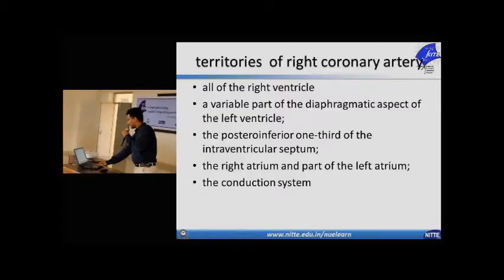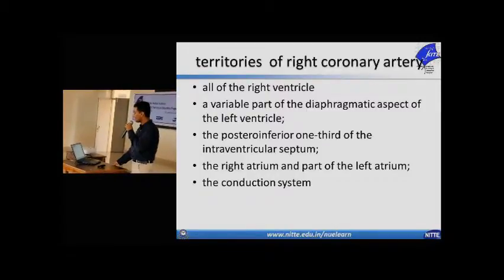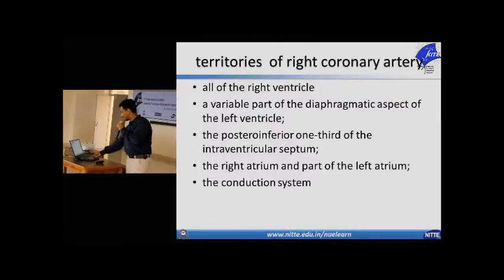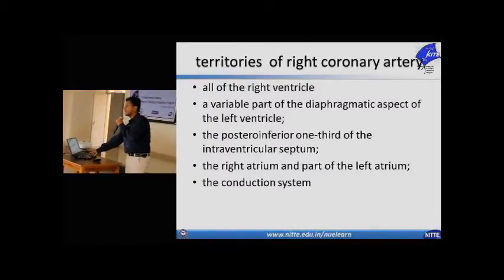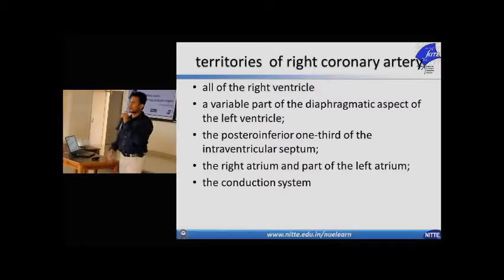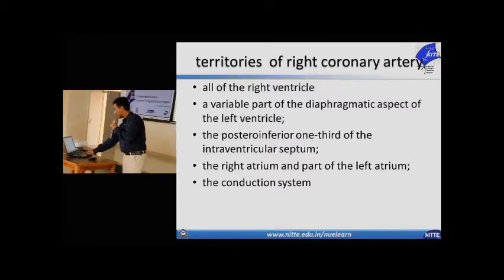Then the posterior inferior one-third of the interventricular septum, which you have already seen is through the perforating branches. Then the whole of the right atrium and part of the left atrium also. And for the conducting system, when it is right coronary dominance, it supplies both the SA node and AV node.